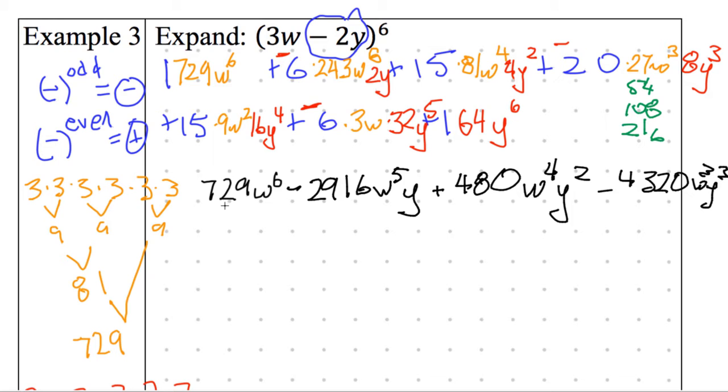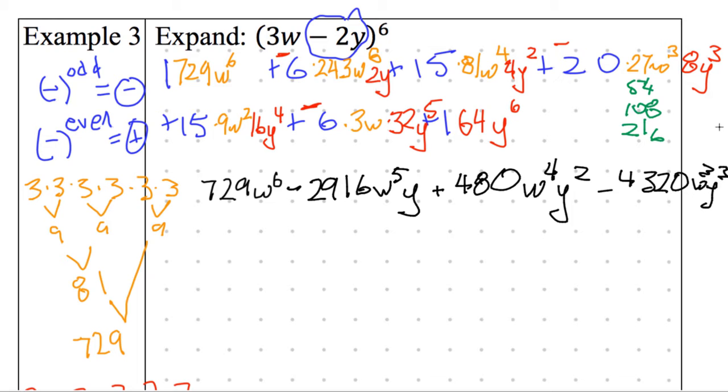Alright, next we have 15 times 9 times 16. What's the easiest way to do this one? I don't know what the best shortcutty way to do this problem is. I'm going to do 16 times 15 first. So I'm multiplying by 2 4 times.